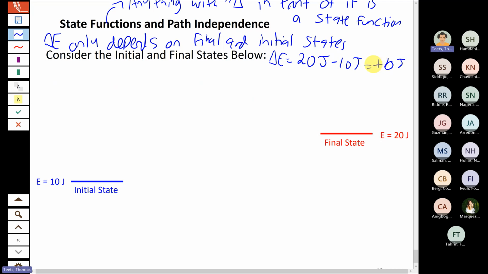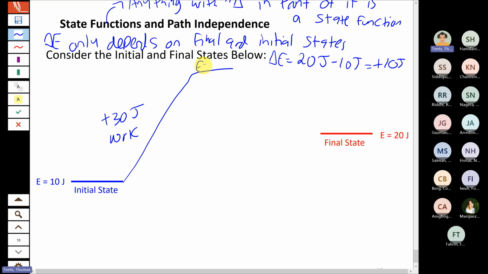But the reality is we don't usually measure the absolute energy of the system. We measure energy transfer between system and surroundings, and there's an infinite number of ways to get from here to here. One way we could get there is if we did 30 joules of work on the system.